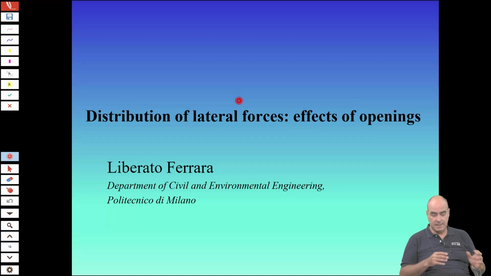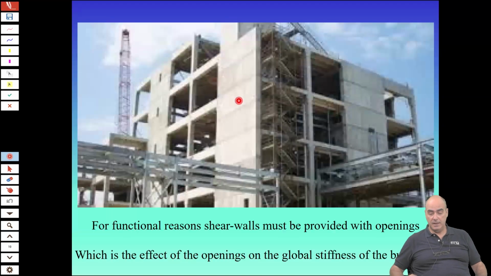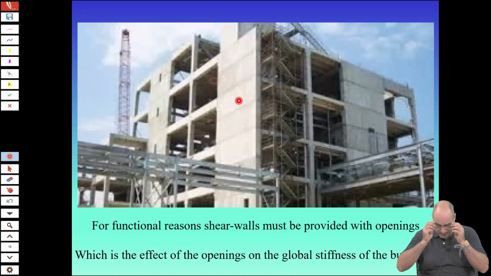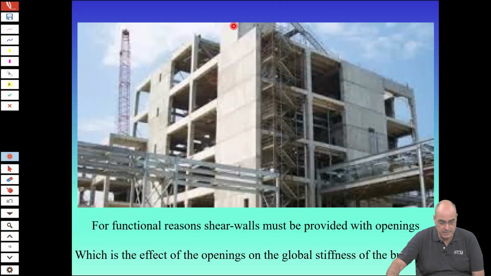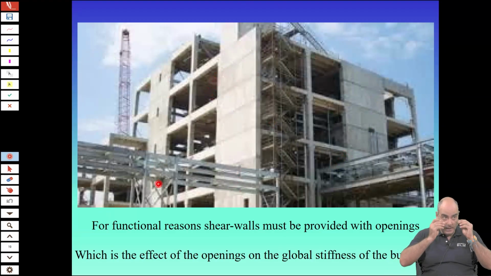lateral load resisting systems. But there is also the need, you see, for example, these are shear walls, okay? And you see here, this is basically solid, but there is an opening here. This is solid, but here you have, even if they are small, openings.